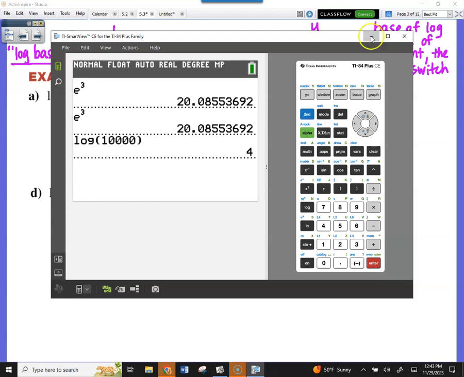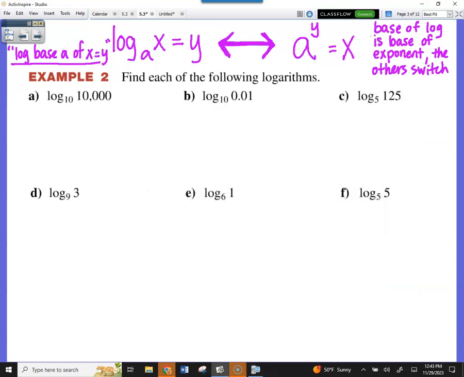Now, don't write anything though, let me show you why it's 4. We just evaluated a log. I'm going to read it to you in terms of an exponent. What we need to do over here is say that this equals something, we don't know what it is, right? Now watch how I rewrite this.